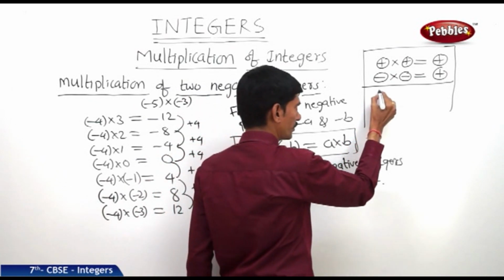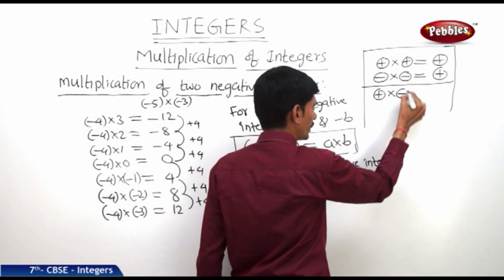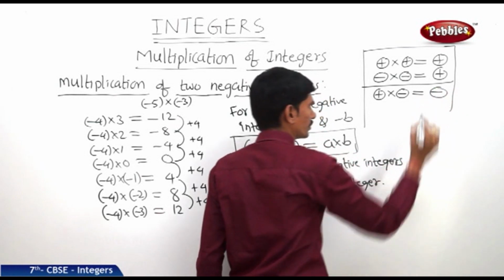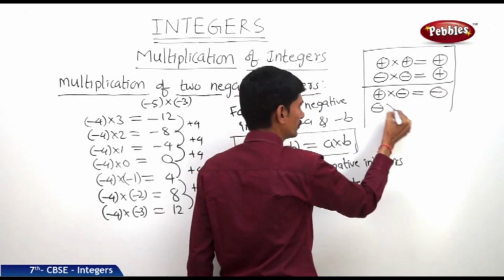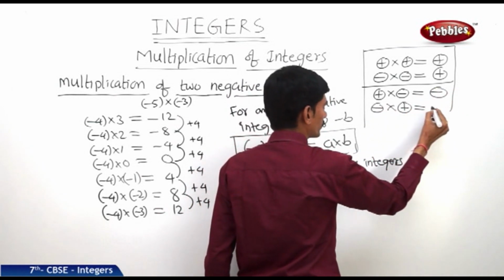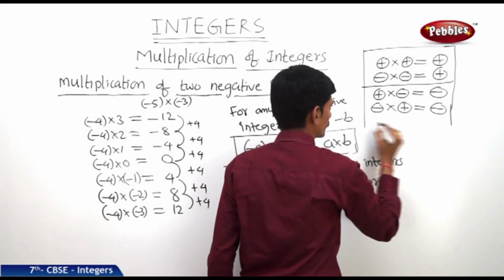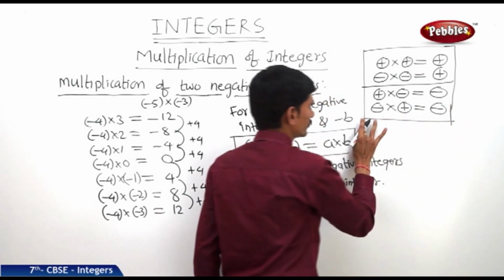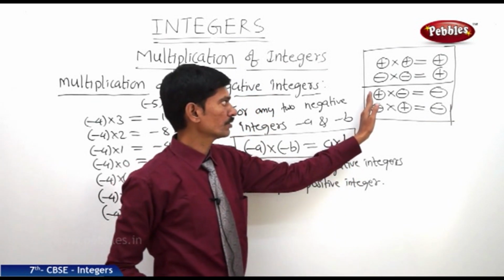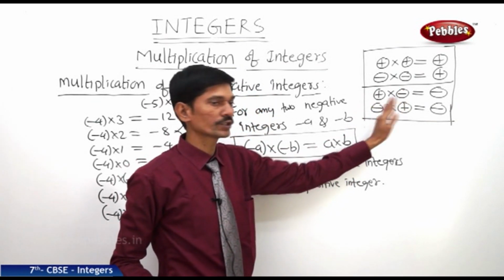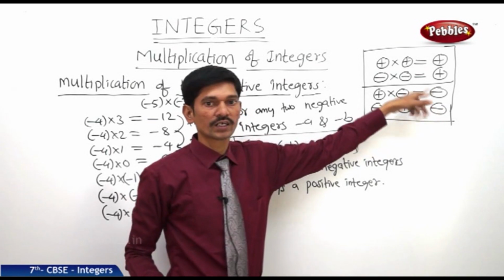So minus into minus is also plus. Then what is the product of a positive and a negative integer? It is a negative integer, or minus into plus equals to minus. So the product of a positive and negative integer, or a negative and positive integer, is always a negative integer.